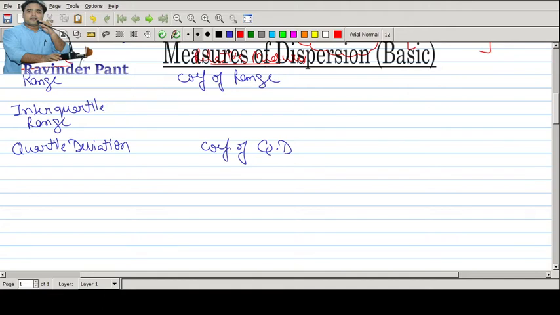But for now we are not going into the solution of the questions and the problems, so that will be done in the third lecture. In the third lecture we will cover the questions based on your range, your interquartile range, your quartile deviation, your coefficient of quartile deviation, and some mean deviation or average deviation. So in this lecture we will be moving towards the mean deviation first.